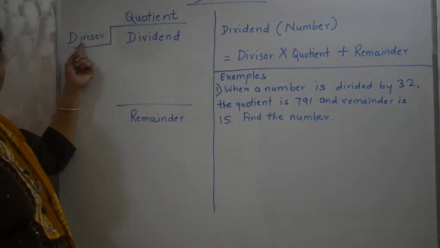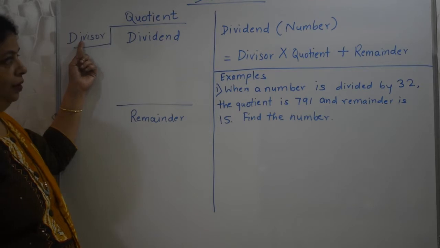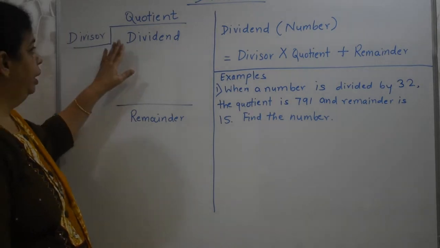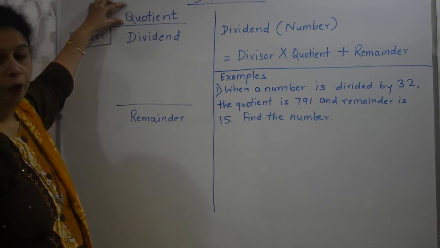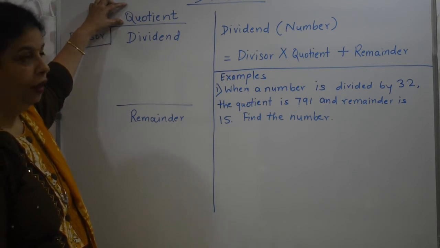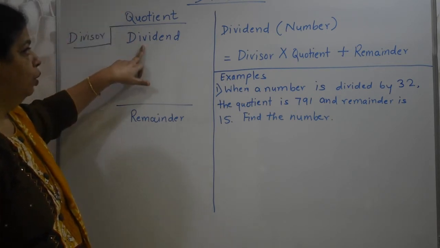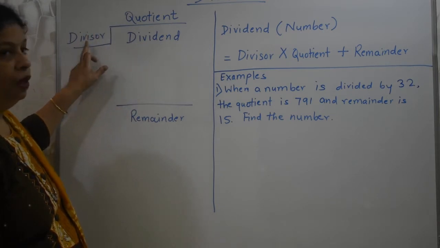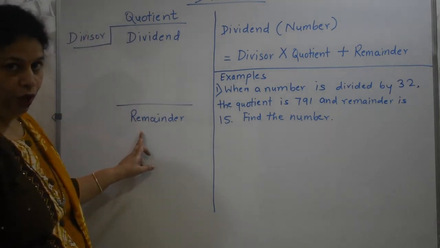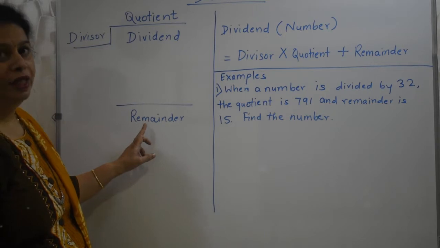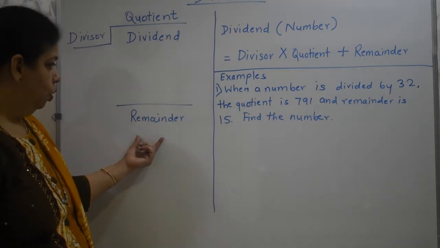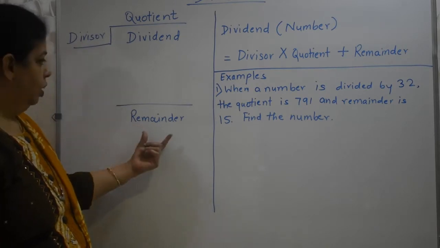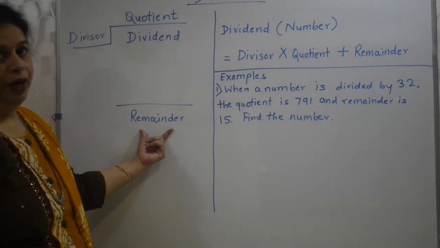That number which we write here is called the divisor. After the division is over, whatever answer we get on top is called the quotient. And if this number is not totally divisible by this number, you will find some remainder down here, not necessarily always 0. It can be anything other than 0, less than the divisor. That number is called the remainder.